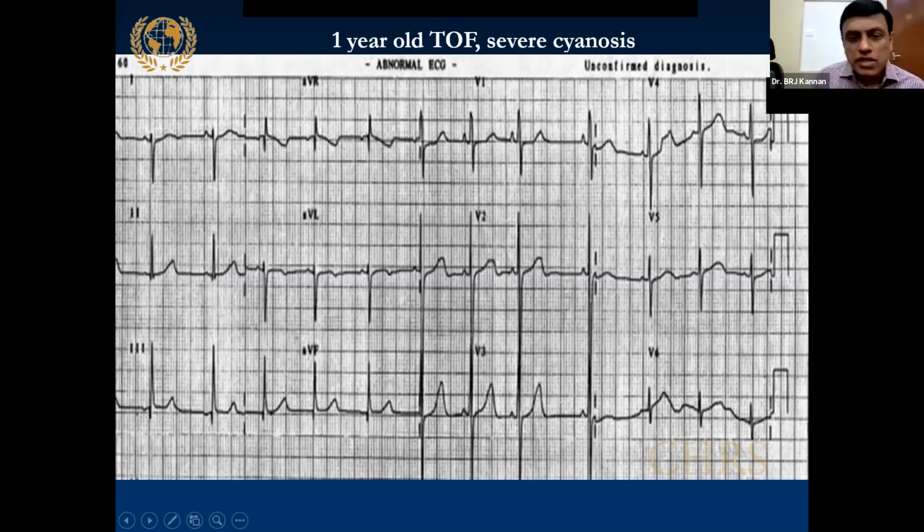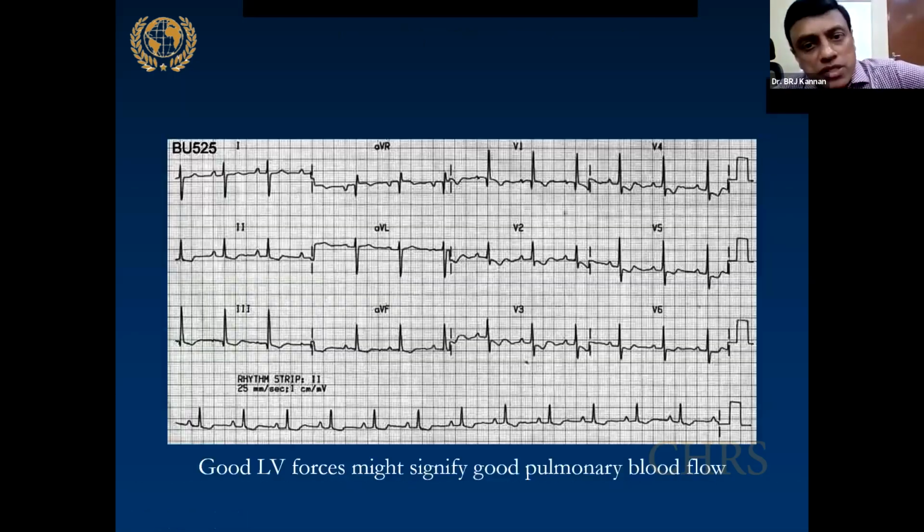You know, in tetralogy of Fallot, the severity depends on the amount of pulmonary blood flow. The more the pulmonary blood flow, the less severe the situation. The less the pulmonary blood flow, the more severe the situation. If the pulmonary blood flow is good, then all of it will come to the LA and LV.